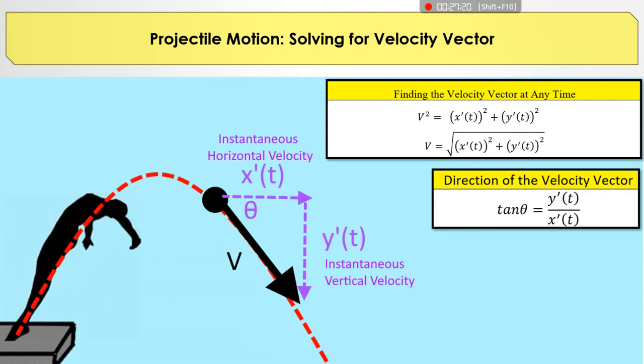So instead of using our initial vertical velocity and our initial horizontal velocity, I'll have to use what the vertical velocity is right now and the horizontal velocity is right now, which means we're looking for a derivative, an instantaneous change in your horizontal displacement over time is your instantaneous velocity. An instantaneous change in your vertical displacement over time is also an instantaneous velocity. So your derivatives are really giving you your exact speeds of the ball at that time. And then we can use Pythagorean's theorem to solve for the magnitude and tangent to solve for the angle.